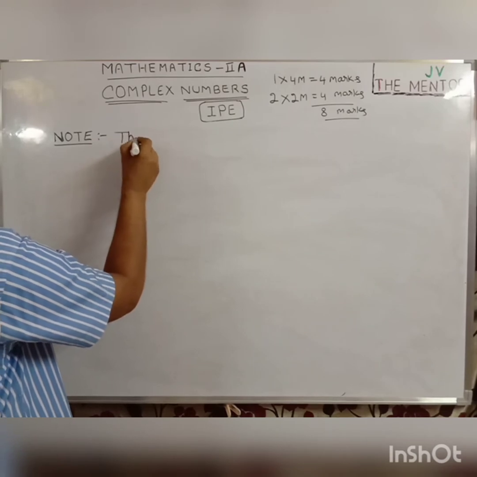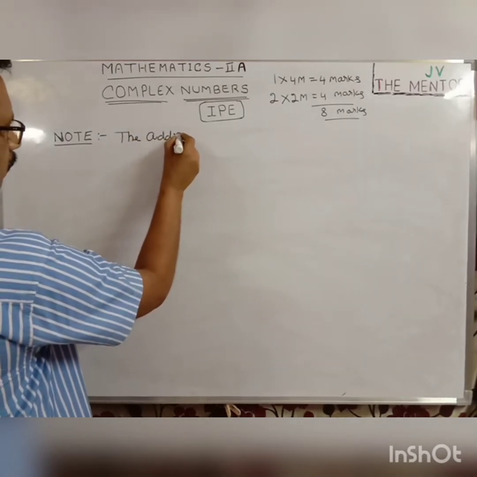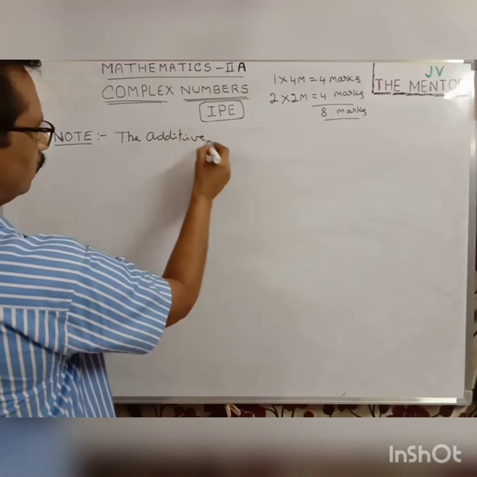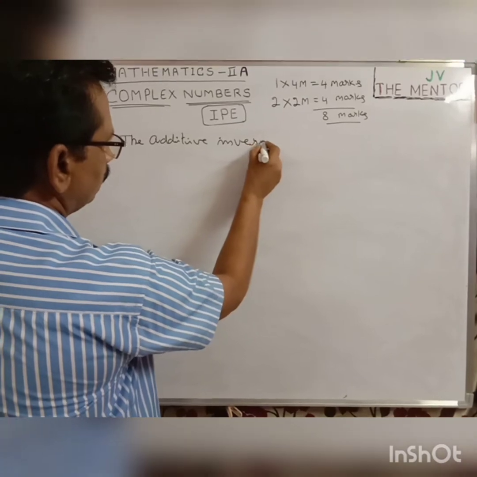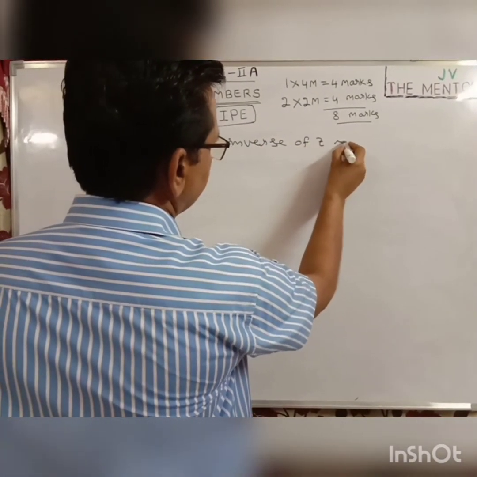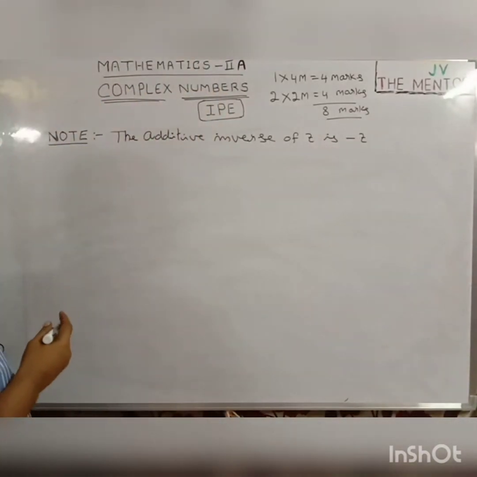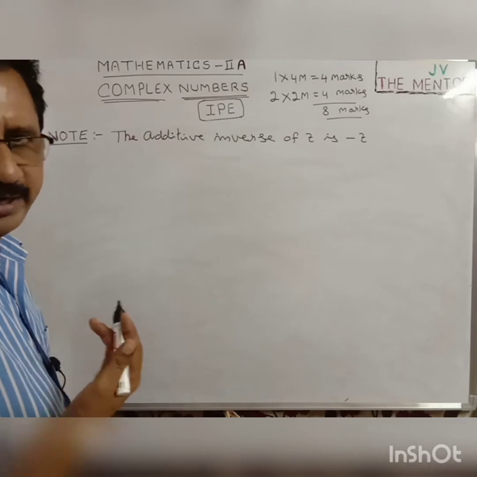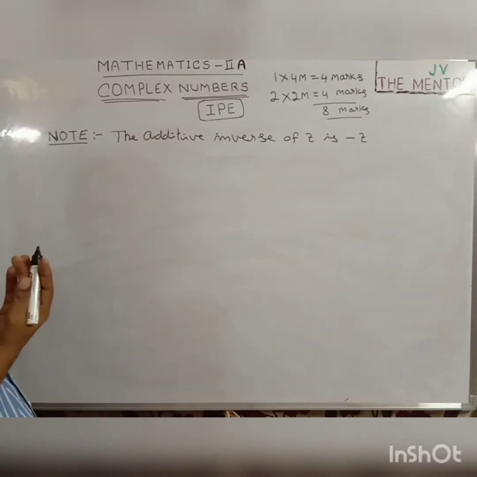The additive inverse of Z is minus Z. That means the additive inverse of A plus IB is minus of A plus IB. That is minus A minus IB.